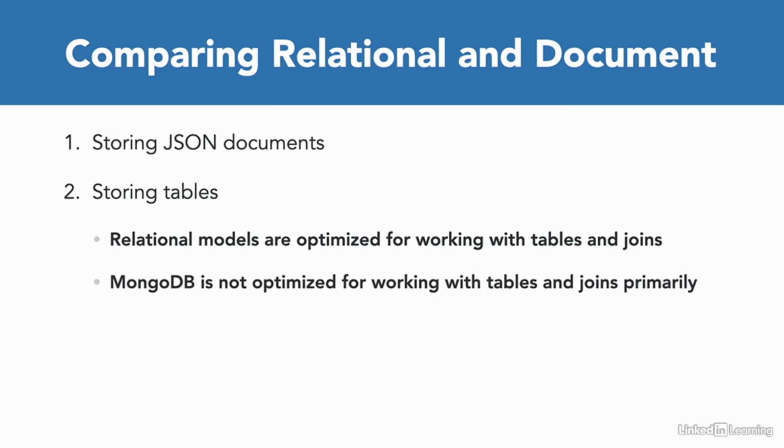MongoDB expects all data that is generally queried at the same time to be in one document or at least one collection. MongoDB is also optimized to work on a single collection, which it then manipulates. So if you want to store data in tables, go with a relational database.